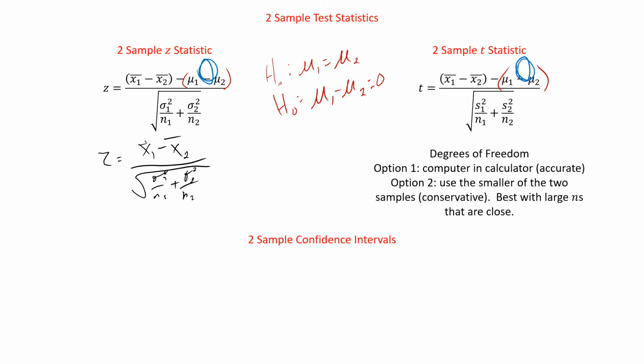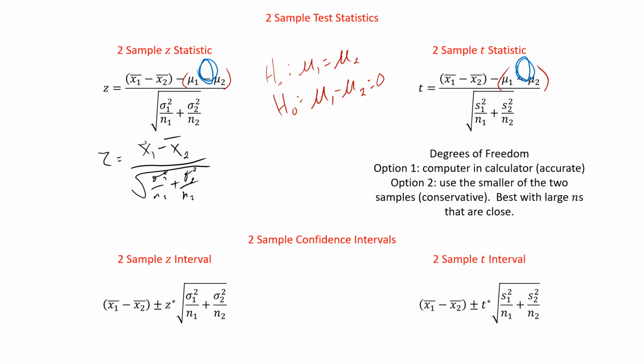For confidence intervals, it's the same idea. The z interval, we're going to have z star times the standard error, that's our margin of error, and then x1 bar minus x2 bar is our estimate. And again, we're either going to see 0 in the interval or we're not going to see 0 in the interval.